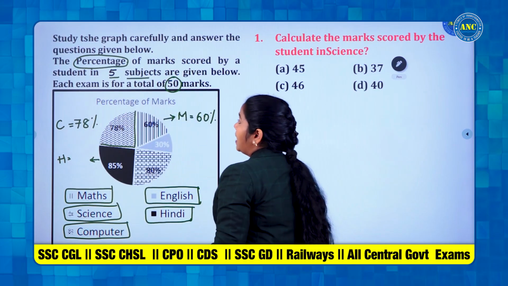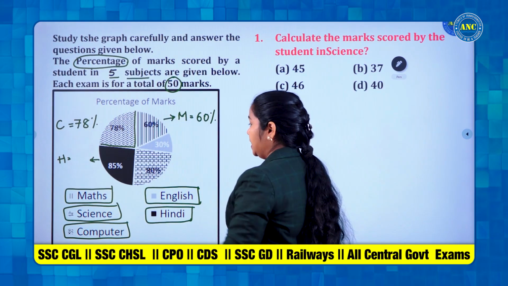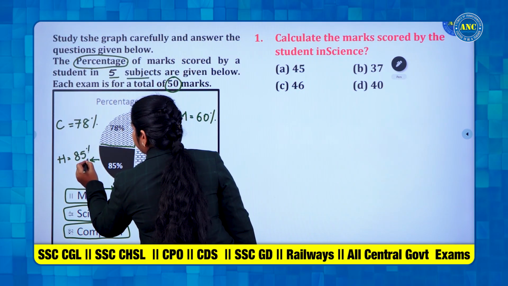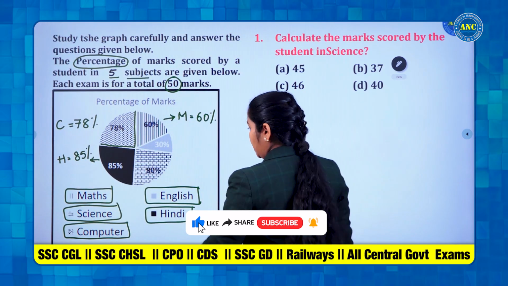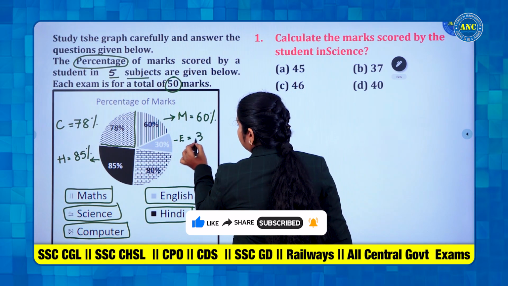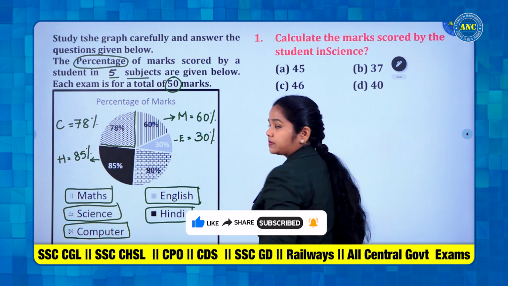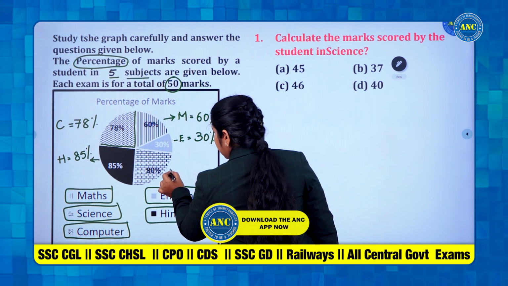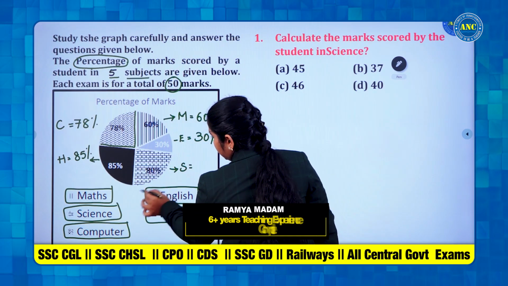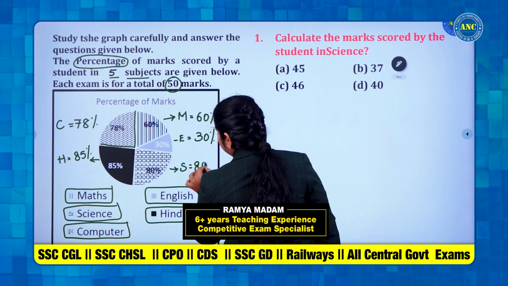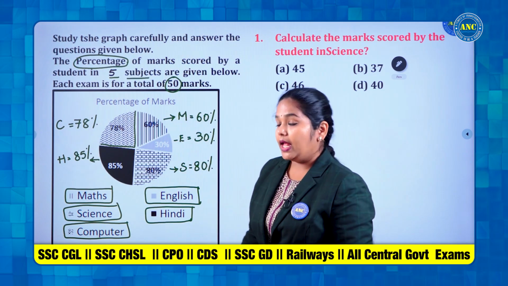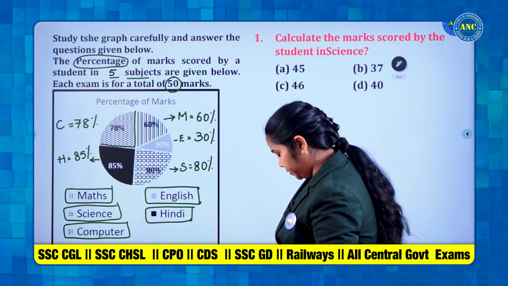The percentage of marks got by the students in Hindi subject is how much? 85%. Right? Then, what is this? This is English. English subject how much? 30%. Okay? And last, this is Science. Science how much? It's 80%. Cool? This is the data which is given. Okay? Now, let us go and solve the questions.